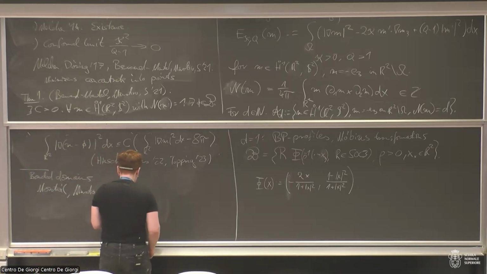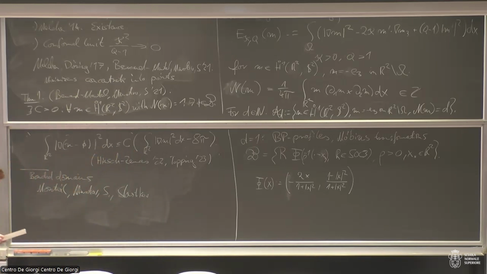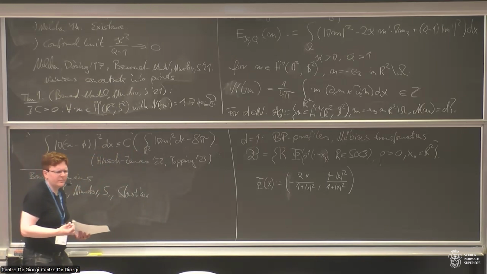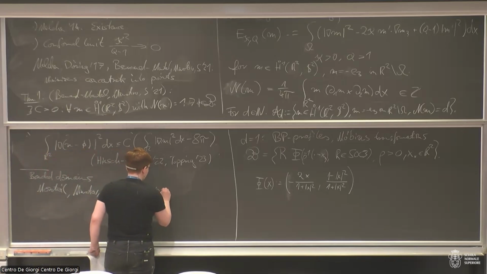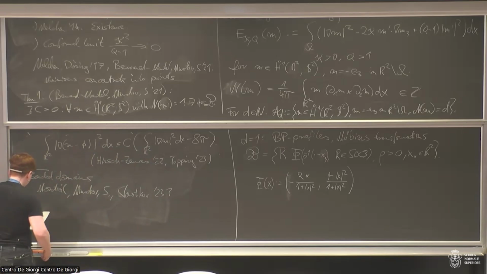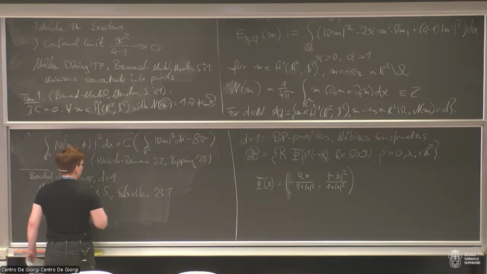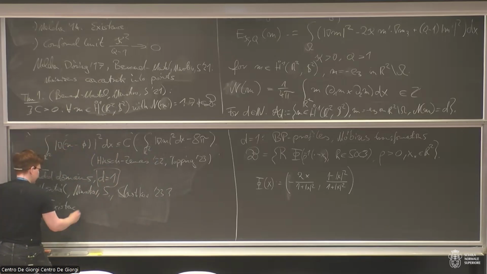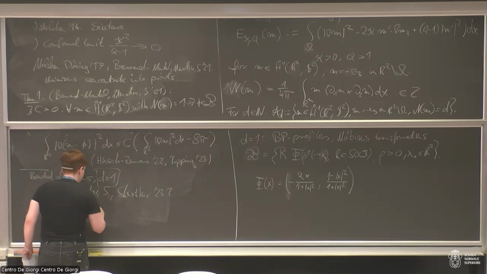This was 23 or 24, somewhere around that. So we did existence, still degree equal 1. We did existence plus the conformal limit.